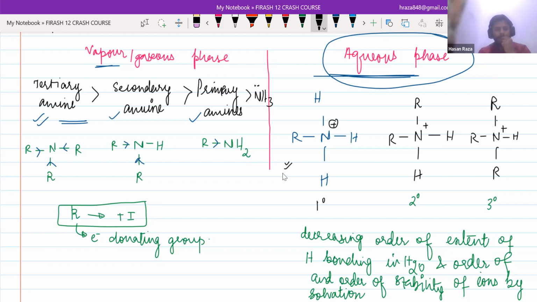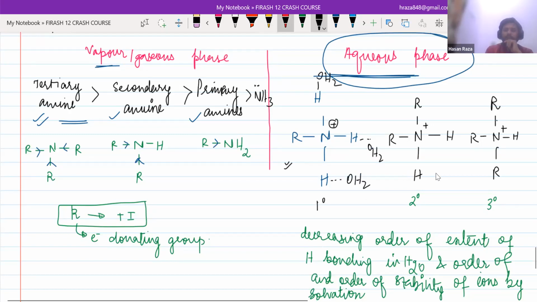Primary, secondary, tertiary? Primary. Primary will have three hydrogen bonding, as you can see. Secondary will have two-sided hydrogen bonding, and tertiary will have one hydrogen bonding. So this will be the order.